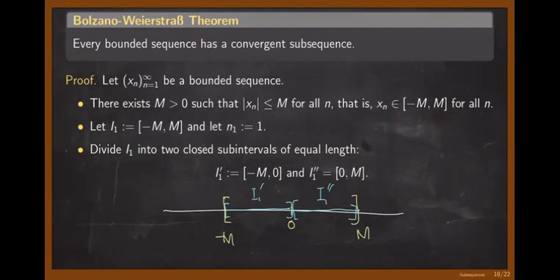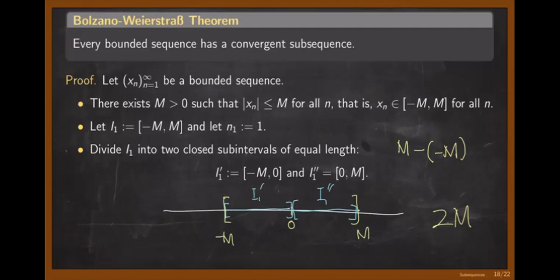Right endpoint minus left endpoint, right? What is the right endpoint? Sige, what is the right endpoint minus the left endpoint? This is the original. M minus negative M. So what is the length? 2M. Very good, 2M.